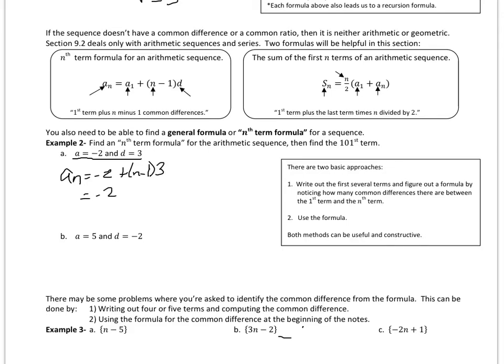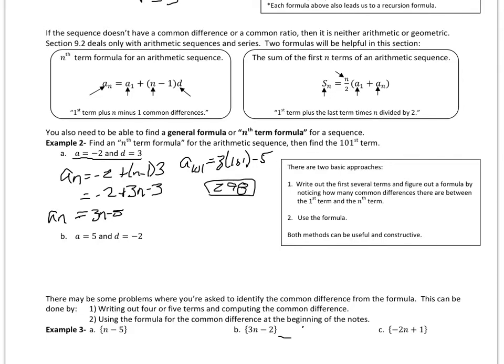So we get negative 2 plus 3n minus 3, and then we combine like terms, so a sub n is equal to 3n minus 5. Now if it wants the 101st term, that's a sub 101, so I just take 101 and plug it in for n. So we get 3 times 101 minus 5, which gives us 298, and that is the 101st term.